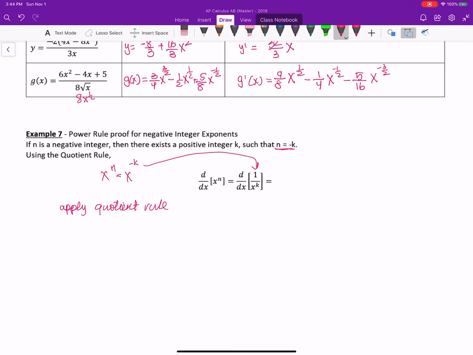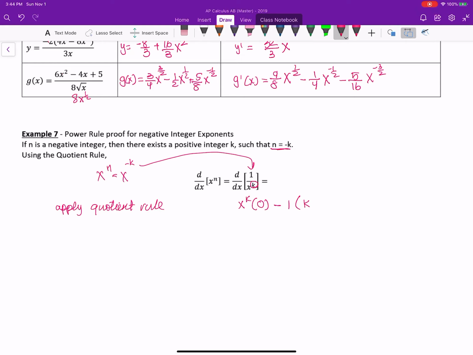So here, the derivative becomes ho d high, which is the denominator x to the k times the derivative of the high, which is 0 because it's a constant, minus high, which is 1, d ho. Oh, I have to use the power rule because now it is a positive integer down here. When I moved k down, it became positive.